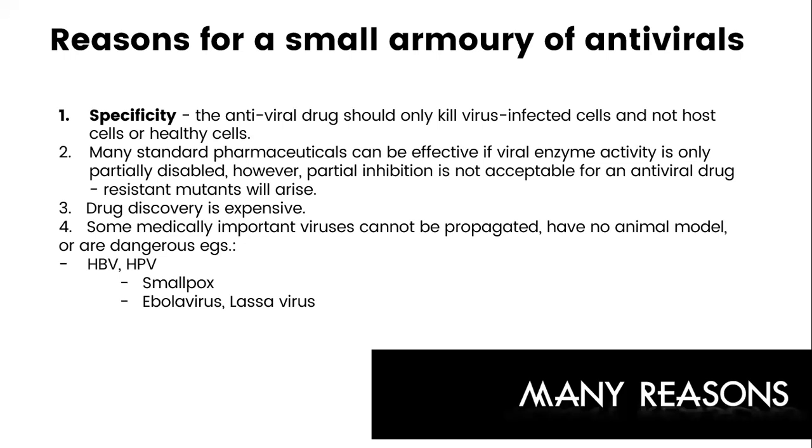The other thing is, I think I have here some more reasons why we have a small number of antivirals to date. Specificity: the antiviral drug should only kill the virus-infected cells and not host cells or healthy cells. So we have to ensure that whatever process we're impeding only affects viruses. Now that is very important because viruses are parasites. So for them to replicate, they use our system. They use our DNA polymerase.